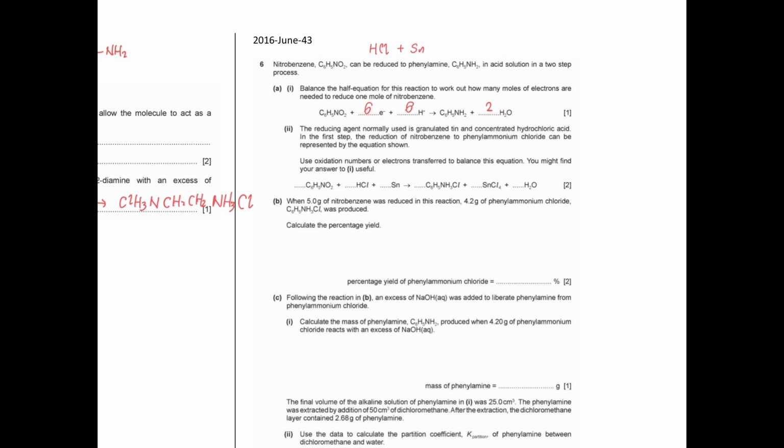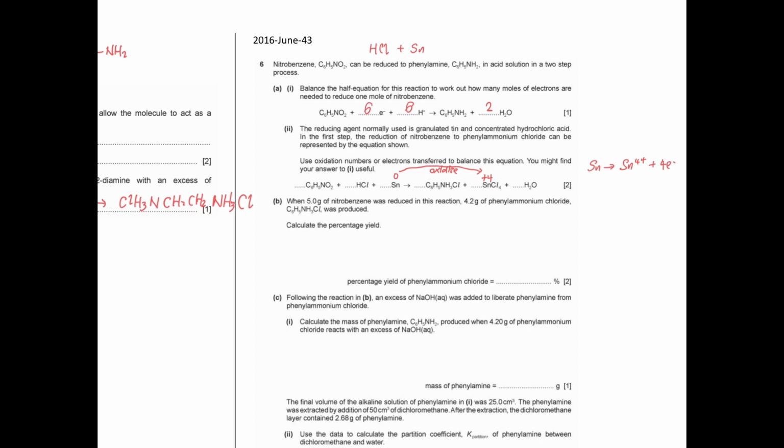So how? Basically part 1 involves 6 electrons. Let's see who is donating electrons. As you can see easily, Sn goes to Sn4+. I write down the oxidation numbers: this is 0, this is positive 4. So this is the one that donates electrons, it is oxidized. So Sn becomes Sn4+ plus 4 electrons.